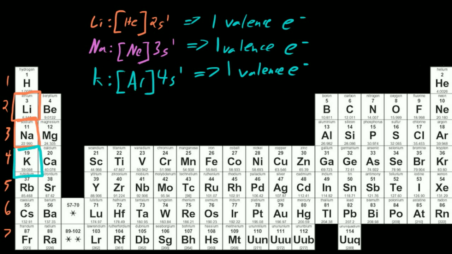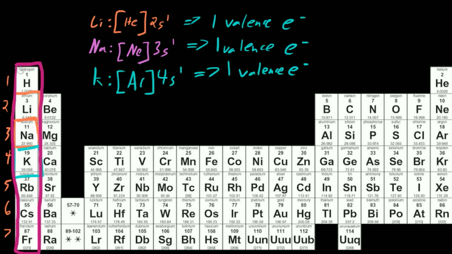Hopefully you can see that if we kept going down this column, we would find that all of the elements in this column have one valence electron, hydrogen included, even though I did look it up and hydrogen is not considered one. If you remember the name of this group of elements on the periodic table, it was the alkali metals.